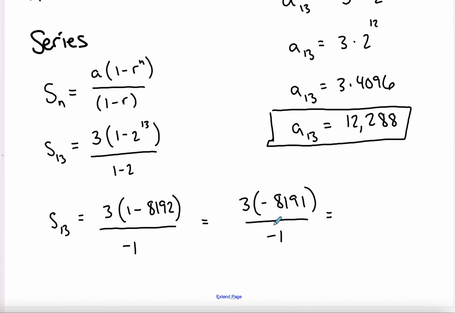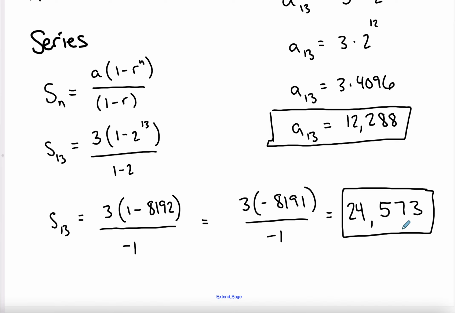And you can see our negatives are going to cancel, so we're going to get a positive value. And dividing by 1 doesn't change the value, so we're just going to multiply by 3. And so we get 24,573.